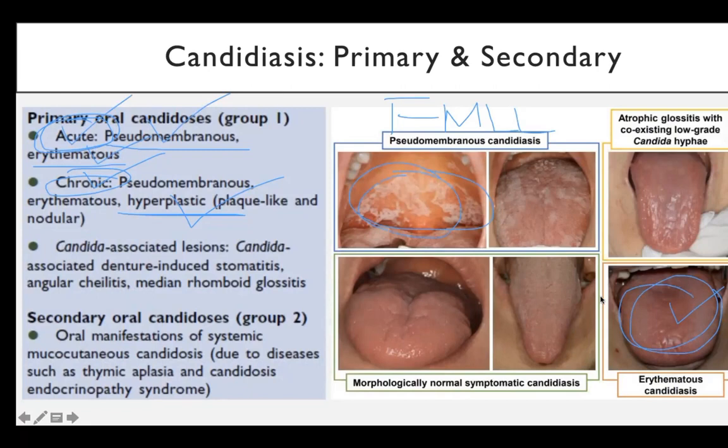And here it is red looking, appearing red. Erythema is red. Erythematous candidiasis is red looking, right? And these are acute, pseudomembranous and erythematous. And then we have chronic, hyperplastic, later in the slide. And then secondary to other oral manifestations.